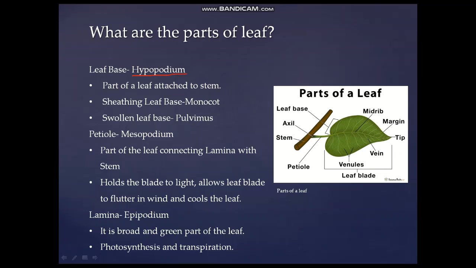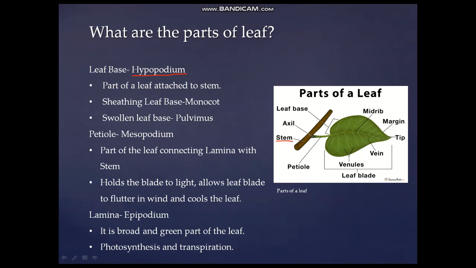That part is called leaf base. Leaf base is modified in some plants, like in monocots, leaf base shows sheathing. When leaf base becomes swollen, it is known as pulvinus, in case of legumes.